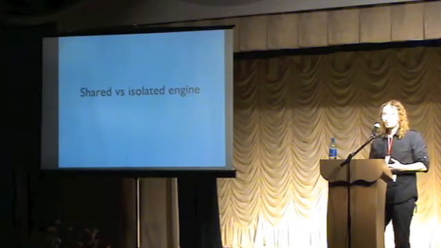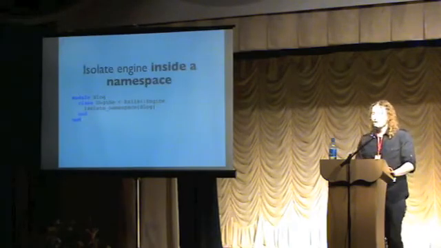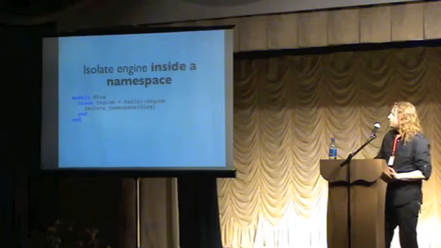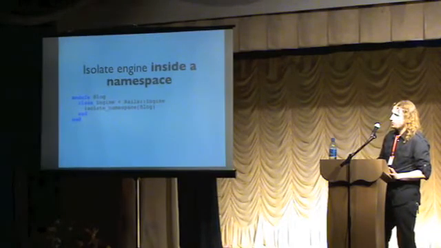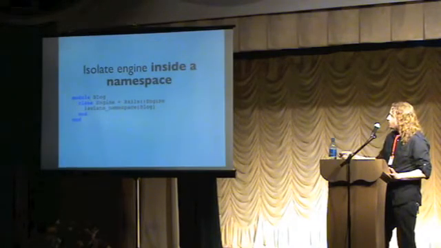But if you have a blog or forum, it should probably not be shared with the application. So you can isolate an engine inside a namespace. The important thing here is that you need a namespace to actually make an isolated engine, and you can do it with the method isolate_namespace.